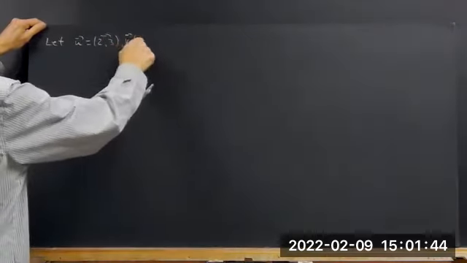Let's let u equal (2, 3), and I'm just going to do it in 2 dimensions. In higher dimensions, just add numbers to your list. And v is, let's say, (-3, 1).